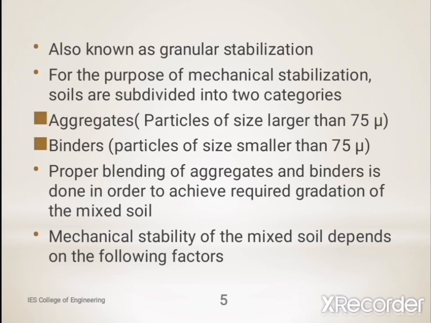For the purpose of mechanical stabilization, soils are subdivided into two categories. First one is aggregates and second one is binders. Aggregates means the particles of size larger than 75 micron, and binders means the particles of size smaller than 75 micron.